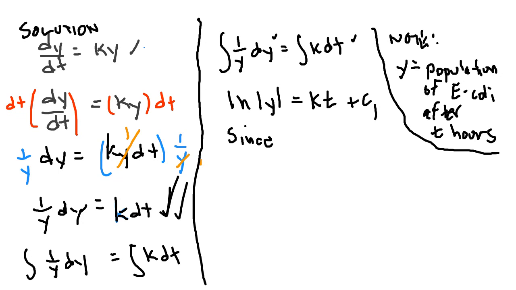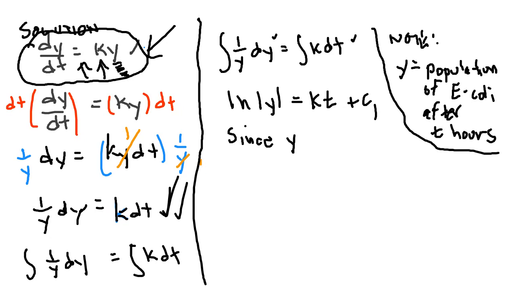So again, we're saying that the growth rate of the population of E. coli is proportional. When you say proportional, you insert a k. The growth rate of the E. coli is proportional to the size of the E. coli population at any given time. So, can population ever be negative? No. So y is greater than 0.